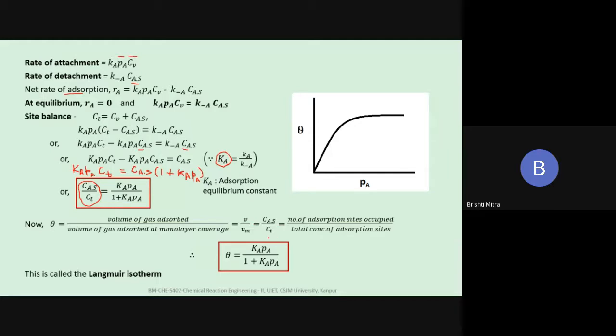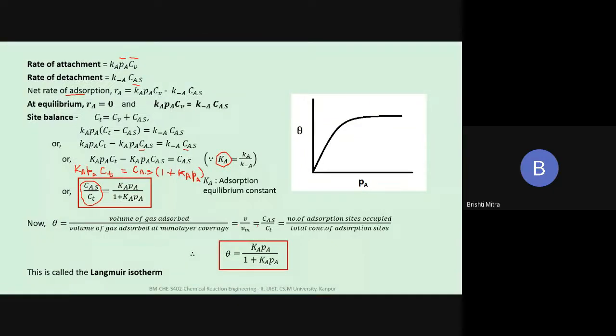This is also written in terms of the volume of gas adsorbed divided by the volume of gas adsorbed at monolayer. Because for the Langmuir isotherm, we have assumed that the maximum coverage possible is only a single monolayer, that means Vm. After that, how much is occupied is given in the numerator, that is the volume of the gas adsorbed.